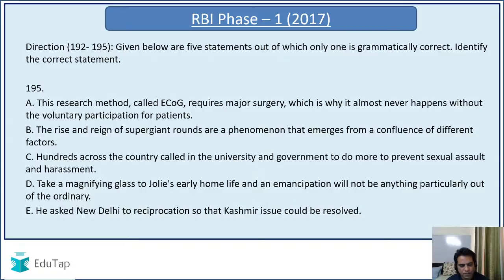Okay, hundreds across the country called in the university and government to do more to prevent sexual assault and harassment. Okay. Take a magnifying glass to Jolly's early home life, and an emancipation will not be anything particularly out of the ordinary. He asked New Delhi to reciprocation so that the Kashmir issue could be resolved.